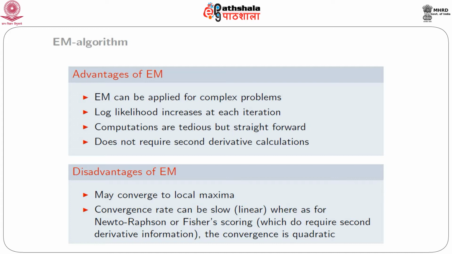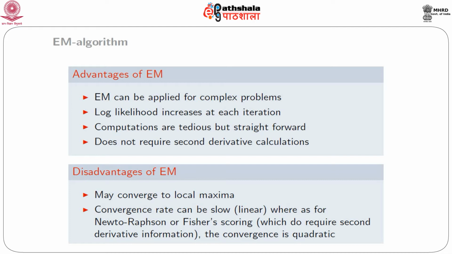The initial starting values need to be precisely given to the EM algorithm, because it is a bit sensitive to the starting values. But we can evade that by using the complete case analysis values or the available case analysis values as the initial estimates, and in most of the cases they work perfectly.